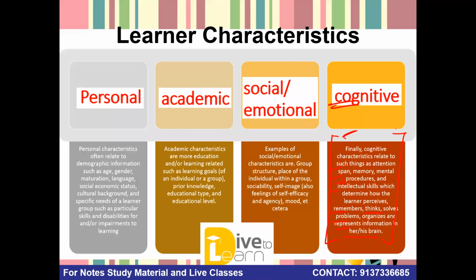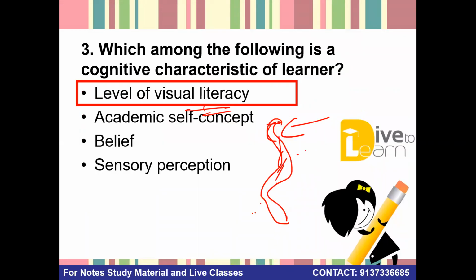So if you look at the keywords for cognitive characteristics, how you understand, how your intellectual skills work, how a learner perceives. Somebody understood this as a rope and somebody would have perceived it as, let's say, a snake. So this is the level of visual literacy, how you see with the eye and how you see with your brain, with your cognition.